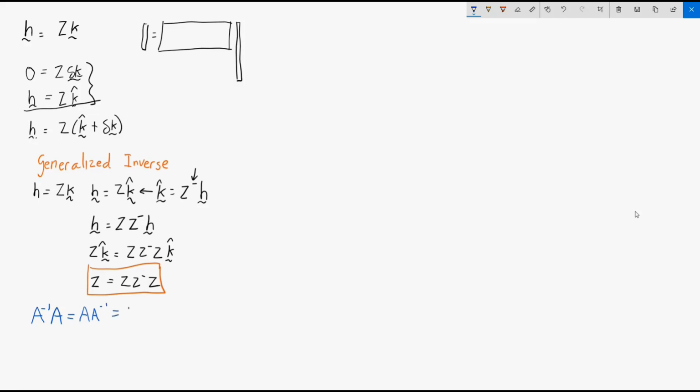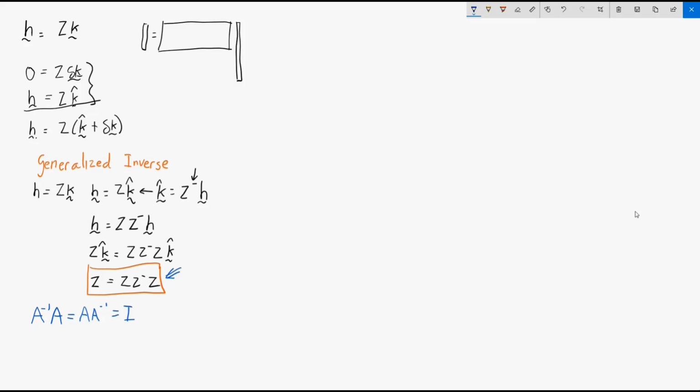Somewhat different than the definition of the generalized inverse, but it's readily apparent that if the matrix Z is square and invertible, then this equation still applies.